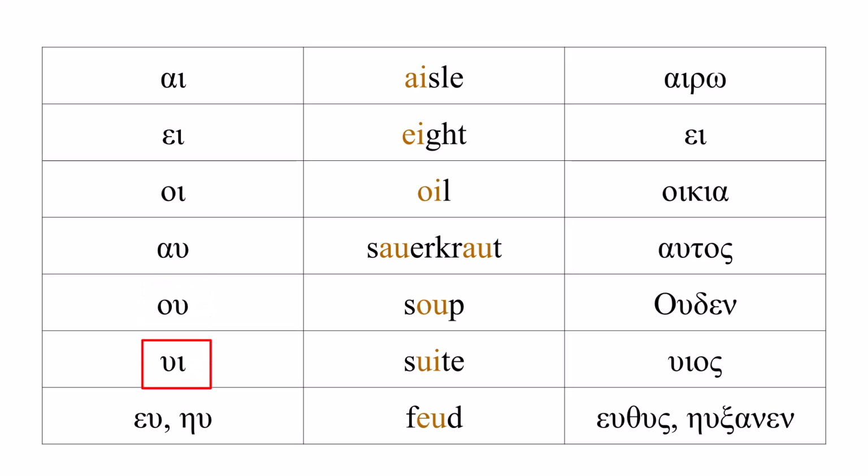The next example is upsilon iota. And the emphasis again is that it should be pronounced as one sound, as in the English word sweet. The Greek example that I can give is ios. The last example is epsilon upsilon. And the way you pronounce this is U. For example, feud.